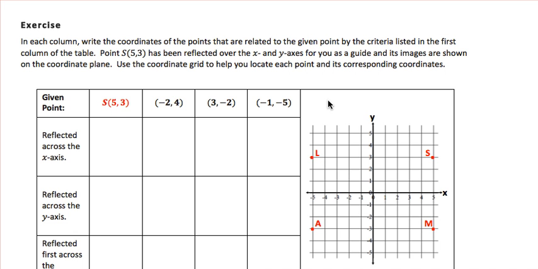So if we're starting with point S, which is at 5, 3, that point reflected across the x-axis would be point M, whose coordinates are 5, negative 3.